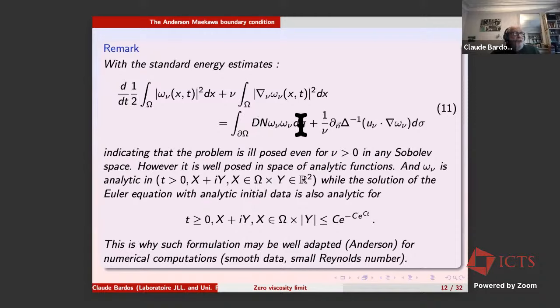For classical problems with other types of boundary conditions, it could be balanced by the first quantity, but with the no-slip boundary condition, with the Anderson-Maekawa condition, this quantity has the wrong sign, so it doesn't help. So that means that this doesn't work.